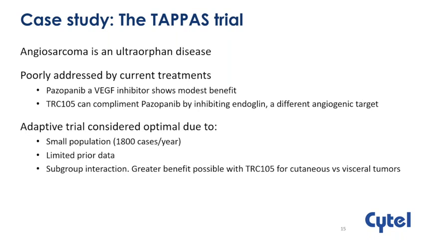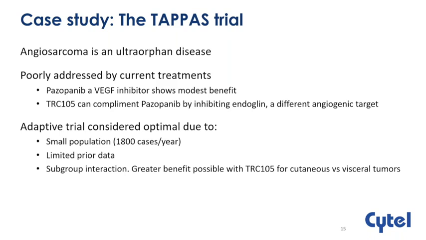Now, this case naturally lends itself to adaptive population enrichment. First of all, because of the small population, we are talking about 1,800 cases at most per year. But in a phase 1-2 study, which was done on soft tissue sarcoma patients, this combination of TRC105 and pazopanib demonstrated durable complete responses and a median PFS of 7.8 months in angiosarcoma subjects.